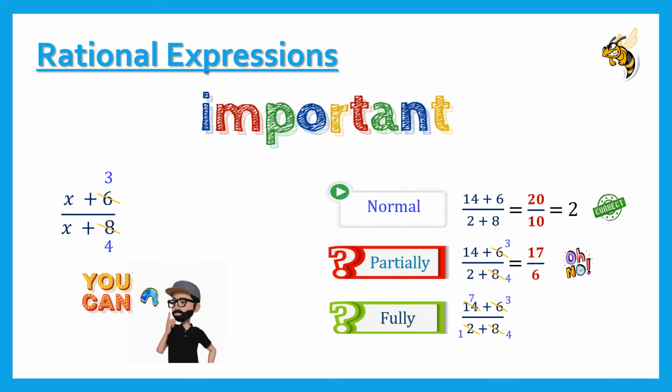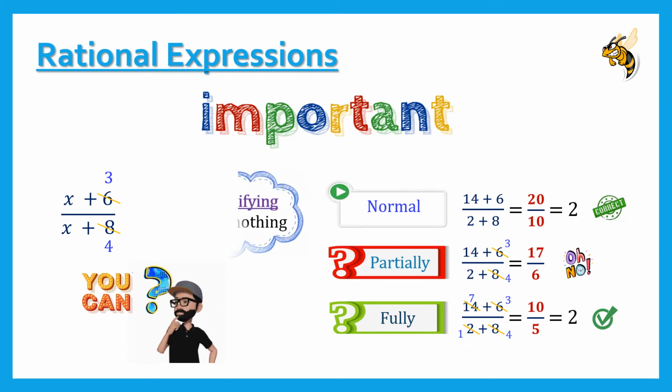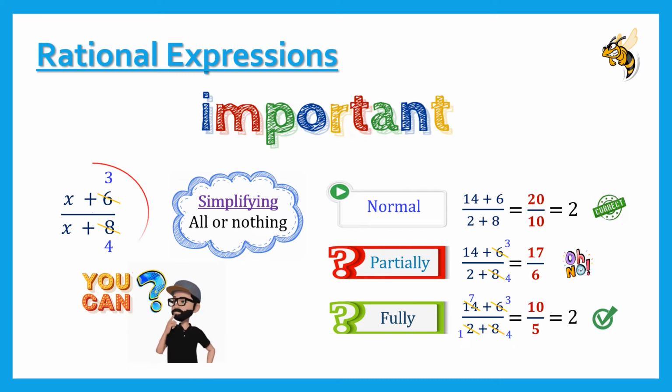If I should simplify, it would be 7 plus 3, which is equal to 10, and 1 plus 4, which is equal to 5. So 10 over 5 is equal to 2. And now that is a correct answer. So what did we learn? We learned that when we're simplifying, it needs to be all or nothing. So therefore, that is not possible.